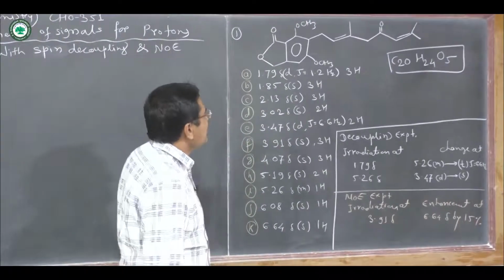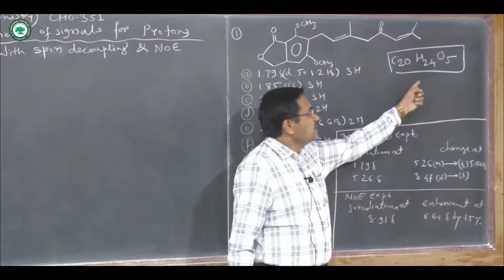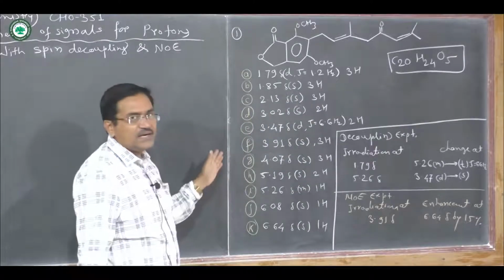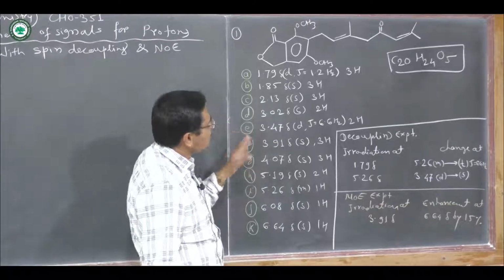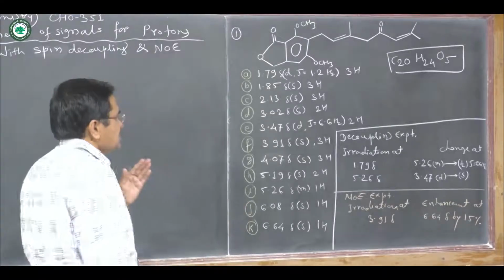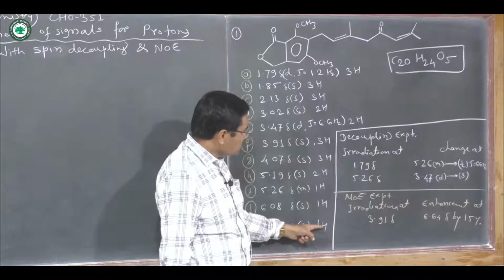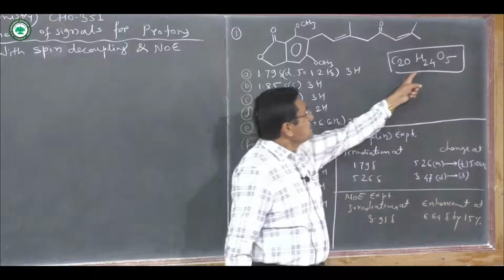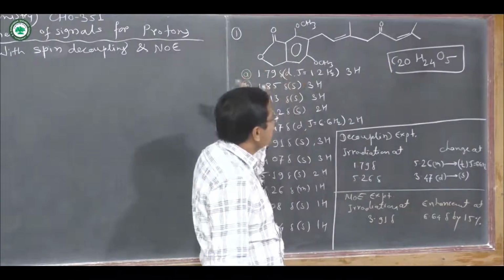The molecular formula of this compound is C20H24O5, and these are the various signals for different protons. When we count the number of protons to tally with the number of signals, there are 24 protons, and carbon is also 20.